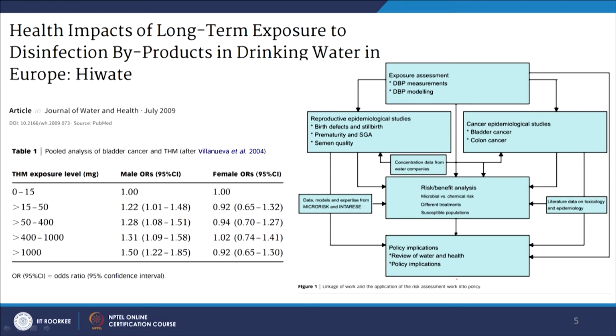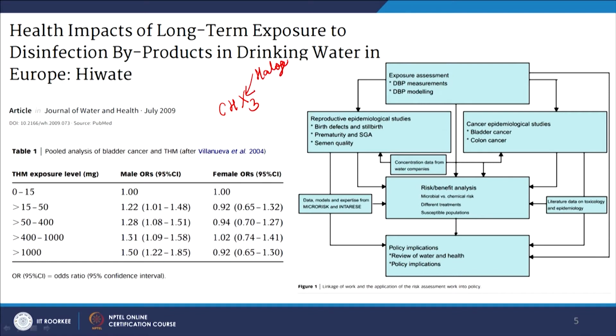Alrighty, now let us look at this study published in 2009, health impact of long-term exposure to disinfection byproducts in drinking water in Europe. Now this is drinking water, not swimming water. So they looked at trihalomethane, if you remember, which is basically CHX3, where X is your halogen.